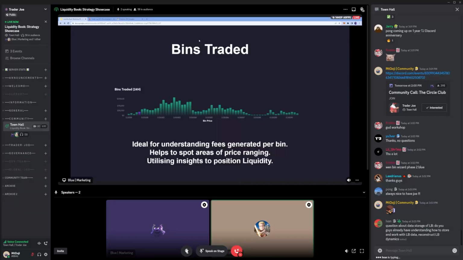Well, this is also a question of what you are trying to achieve. Building the bins traded was a very complex approach, for example, and this is a reconstruction of Liquidity Book dynamics. I will say that a retail user will have a hard time trying to rebuild the entire dynamics of everything that happens on LB.